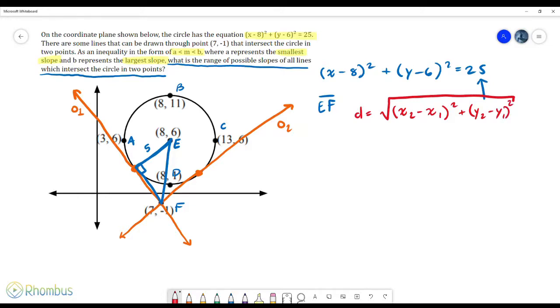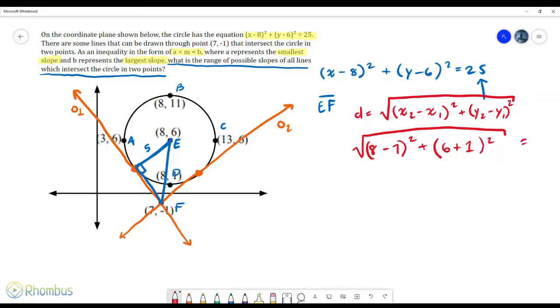So if we plug in our values, x2 will be 8 and x1 will be 7. So (8 - 7)² plus y2, which is 6 in this case, minus -1, which becomes plus 1, and square that. So (6 + 1)².